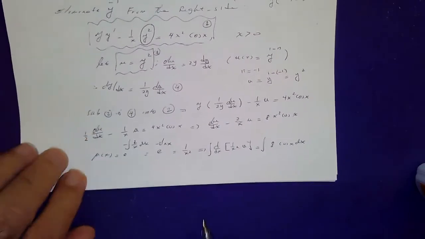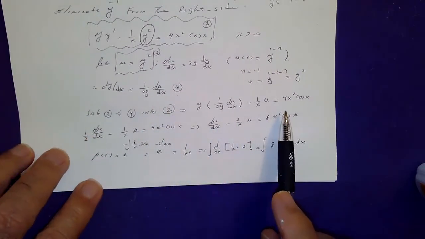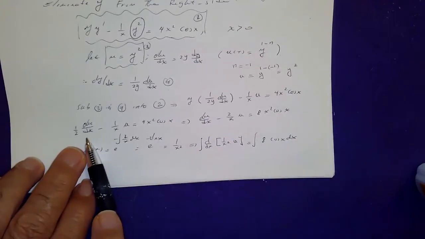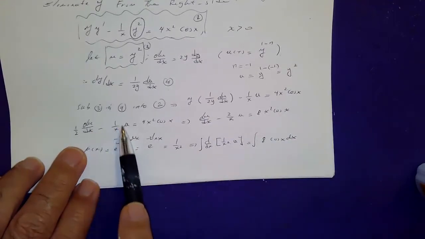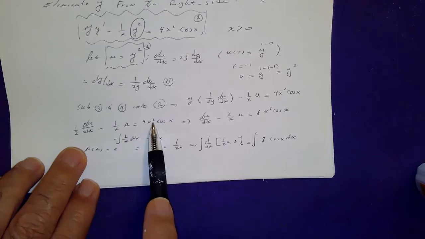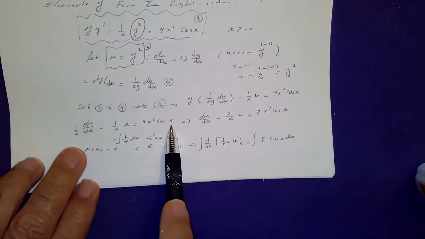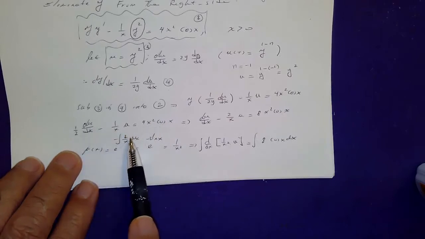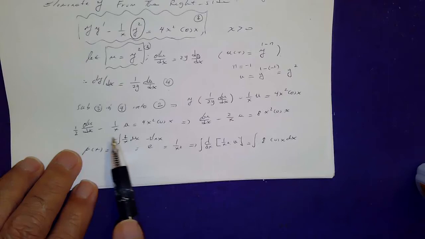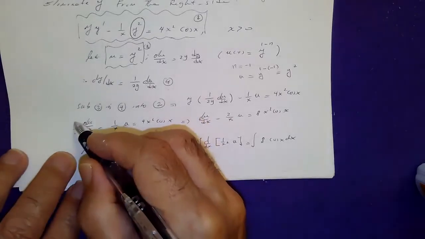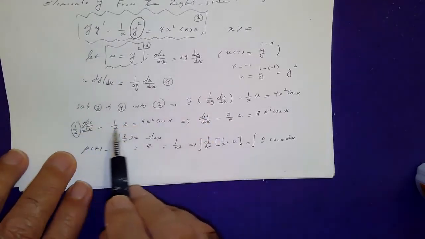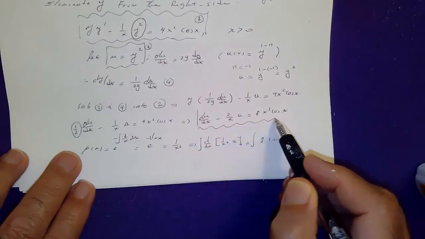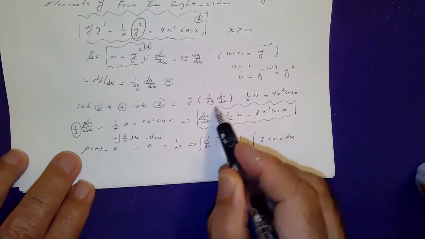When you do the substitution, you will end up with this equation: half of du dx minus 1 over xu equals 4x squared cosine of x. Now this guy is a first order linear differential equation. First you have to clear this coefficient by multiplying both sides of this equation by 2, so you get this. This is the standard form of a linear equation.